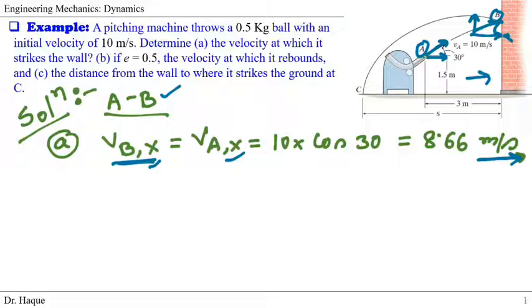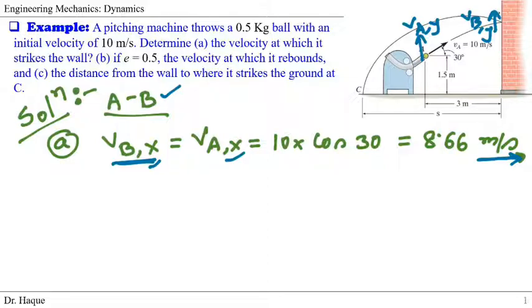Now we need to find the y component, because we need the magnitude of the velocity at point B. So how can I find the magnitude of the velocity at point B? Well, if we can find the y component of the velocity at A, and we can find the y component at point B. How? What will be the change of VAY to VBY? What is causing the change at B?